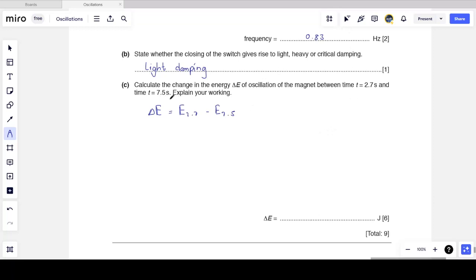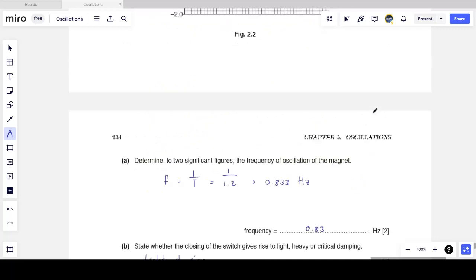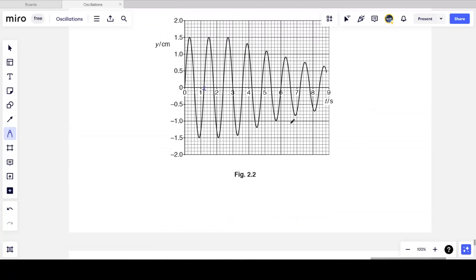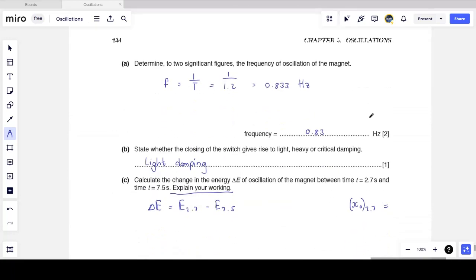So as part of my explanation, what I'm going to do is simply write down everything I'm thinking. When you're asked to explain, it's good to always put your points in as you're thinking of them rather than doing things in your head. So the amplitude at 2.7 seconds is 1.5 centimeters.